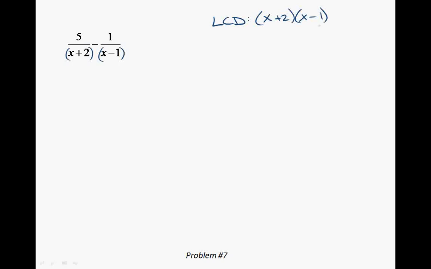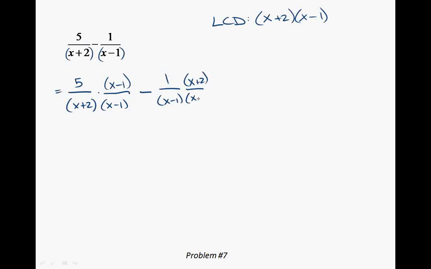So I will take the first fraction and multiply it by x minus 1 over x minus 1. The second fraction I'm going to multiply by x plus 2 over x plus 2. Remember, expand your numerators, but leave your denominators in factored form.